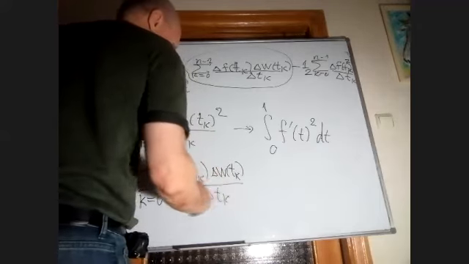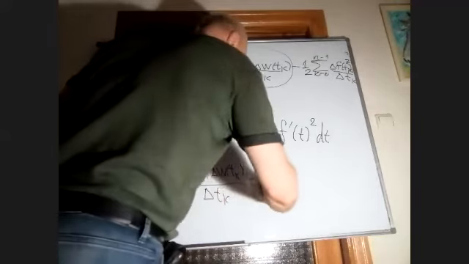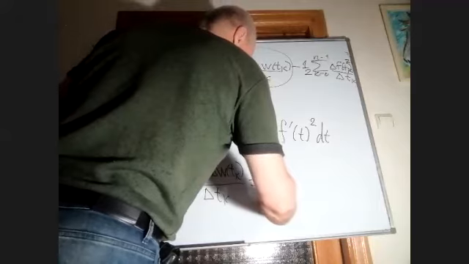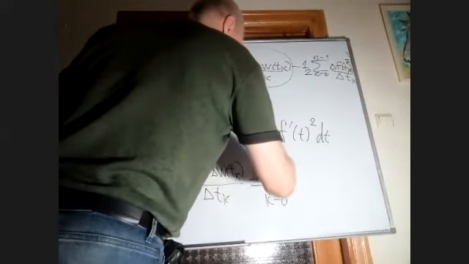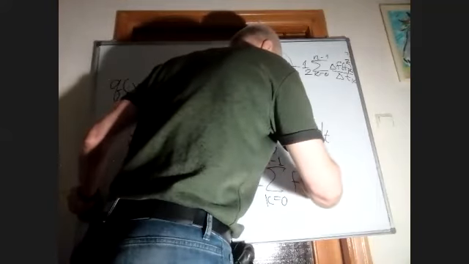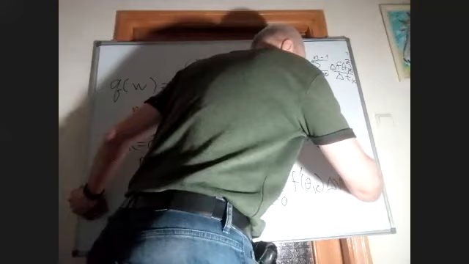I will again use the Lagrange theorem. Then it will be equal to the sum from k equals 0 to n minus 1 of f prime of xi_k delta W(t_k).